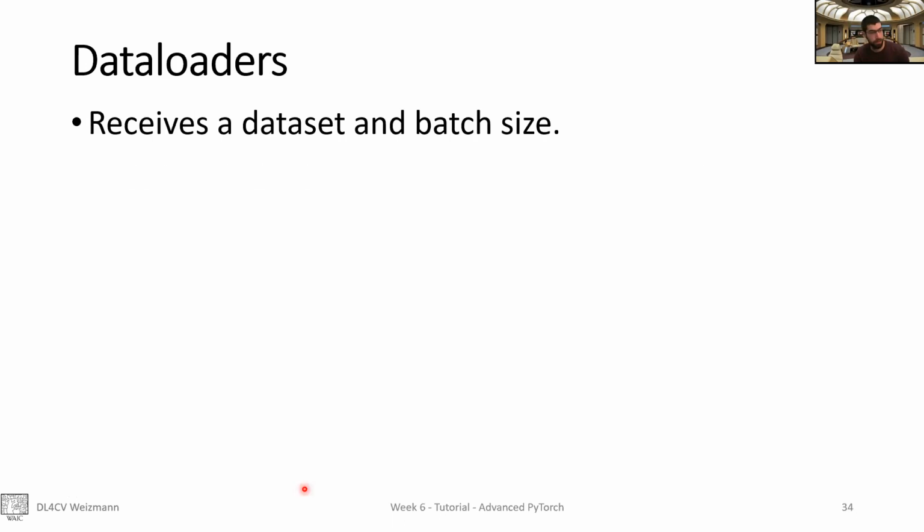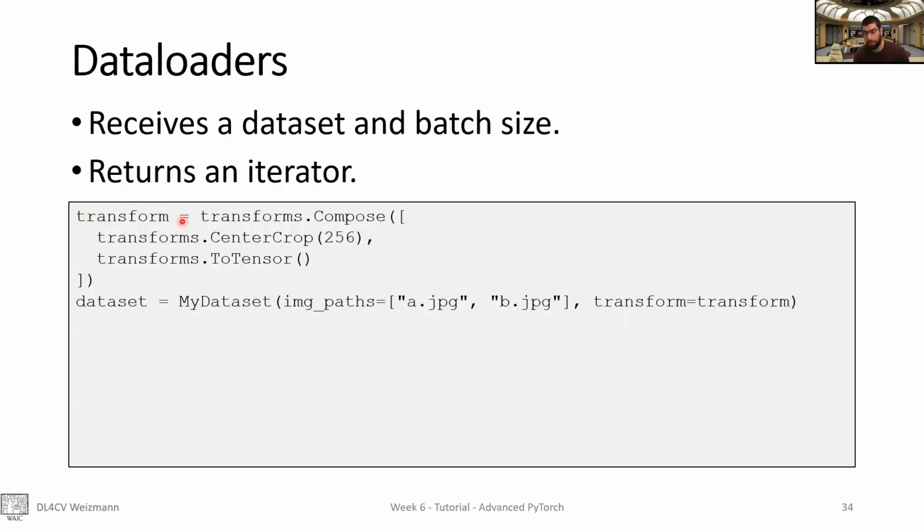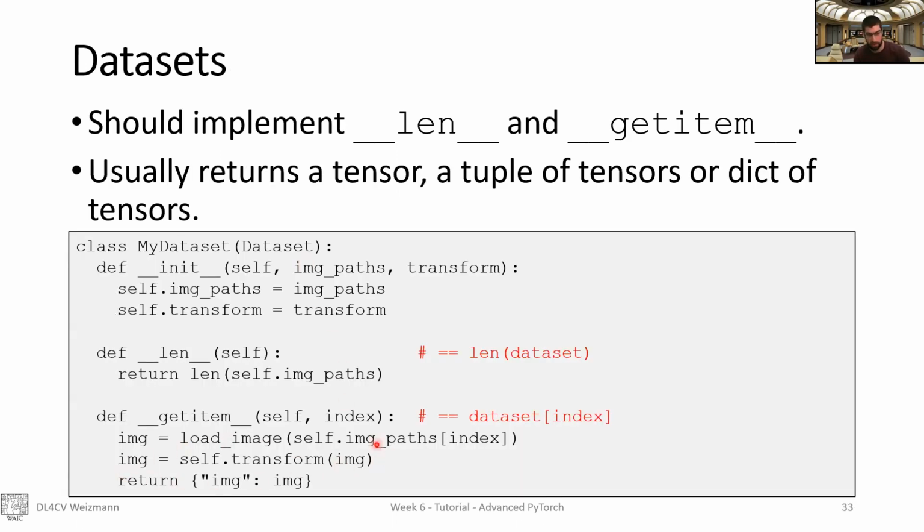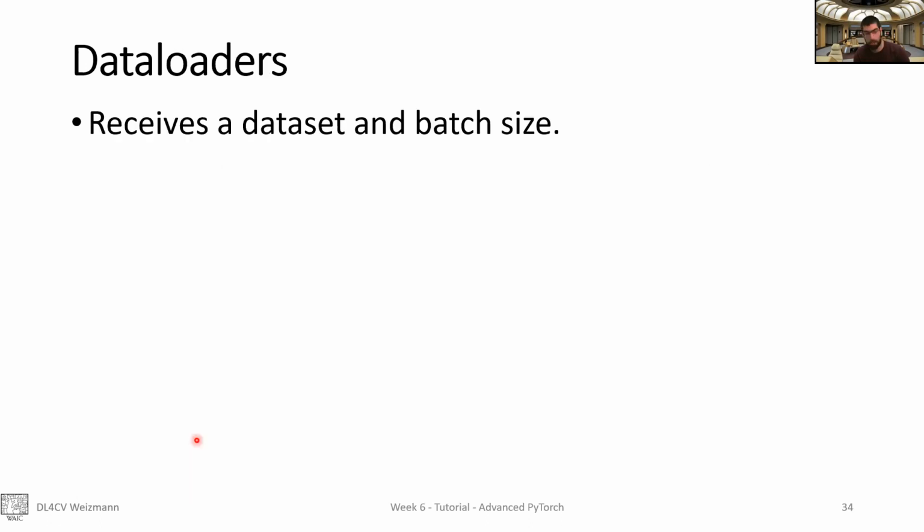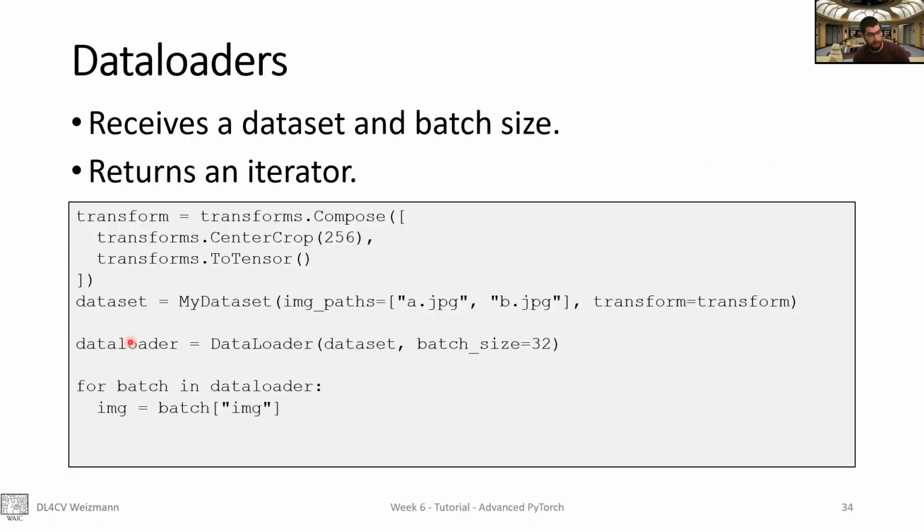It's not necessarily a tensor, but because in our transform the last one is ToTensor, we make sure our image is a tensor. And the data loader collates multiple returned values from the dataset into a batch, and it does it automatically, taking, for example, the image key from each element in the dataset and chunking them by the batch size.